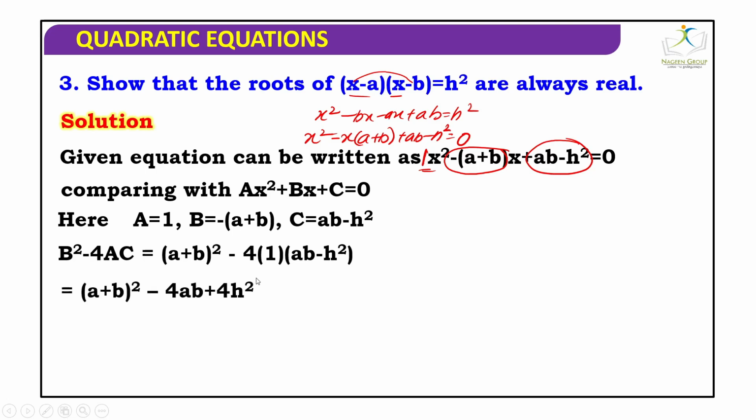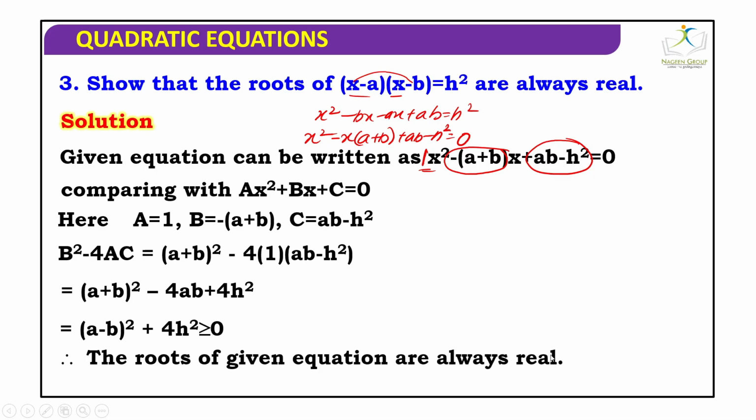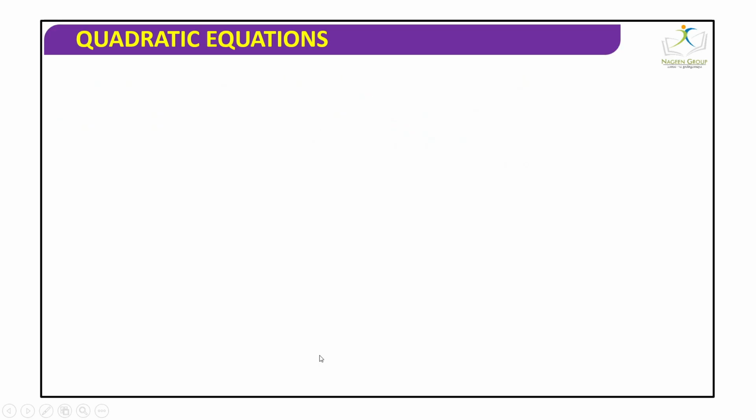This will be (a + b)² − 4ab + 4h². This is (a − b)² + 4h², which is greater than or equal to 0. Now the roots of the given equation are always real, right? From here we say the roots will be real.